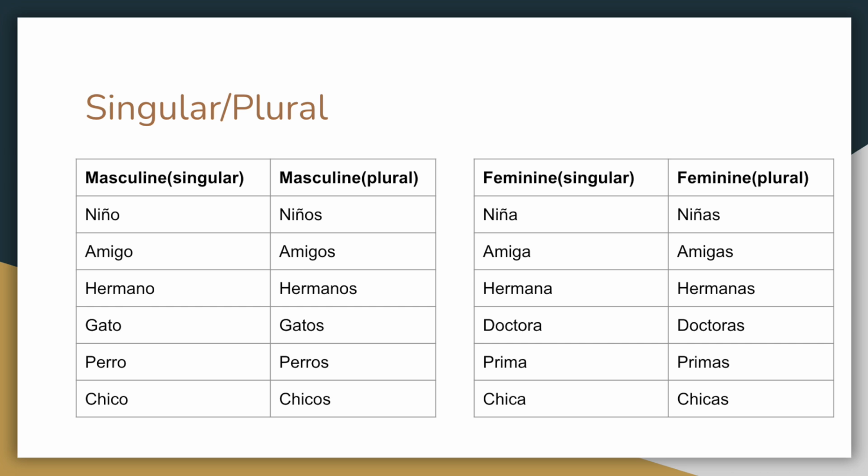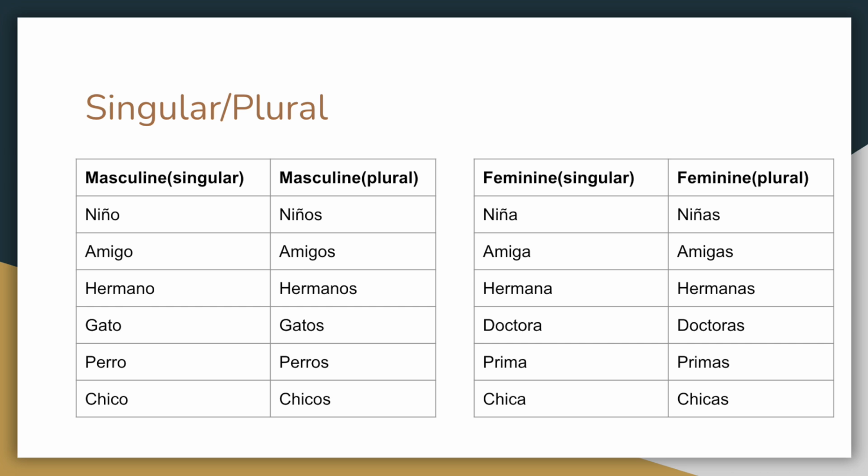For example, niños, we can see that it ends in an OS, which means it's masculine because it has an O, and it's plural because it ends in an S. If we take the last row, chico and chicos, chico is masculine singular because it ends in an O, but it doesn't have the S. But chicos is masculine plural because it ends in an O and S.